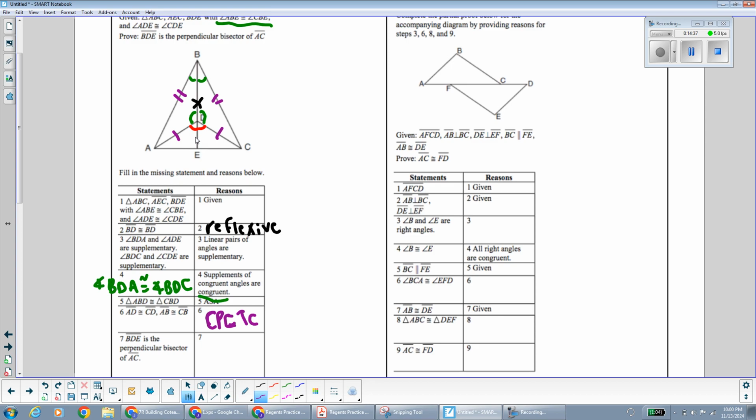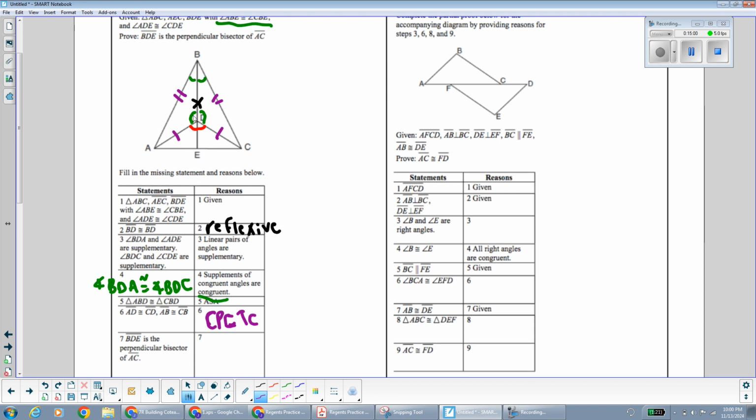We didn't do that. What we did prove in the previous step, we proved that AD is congruent to CD. Notice how D is a point on this supposed perpendicular bisector, on this line that we want to prove is the perpendicular bisector of AC.